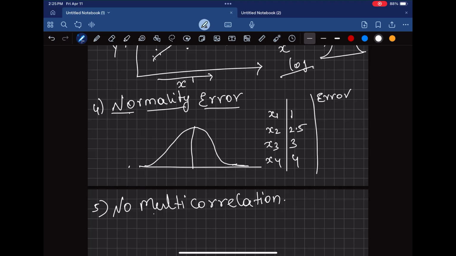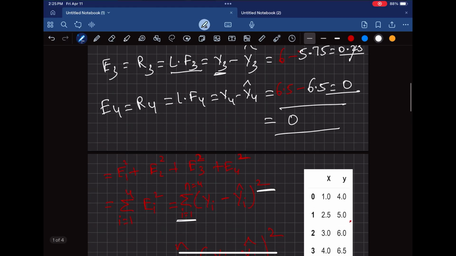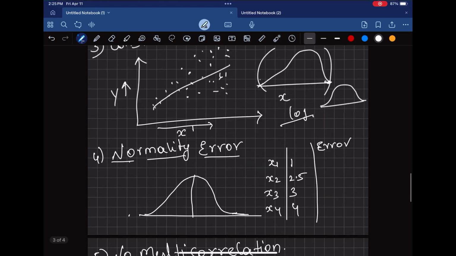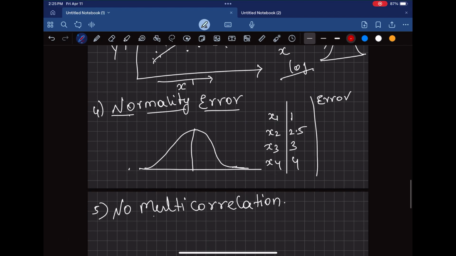Let me get the error values. Let me write it down here so you have a clear picture. These are the error values: 0 for x1, minus 0.25 for x2, 0.25 for x3, and 0 for x4.